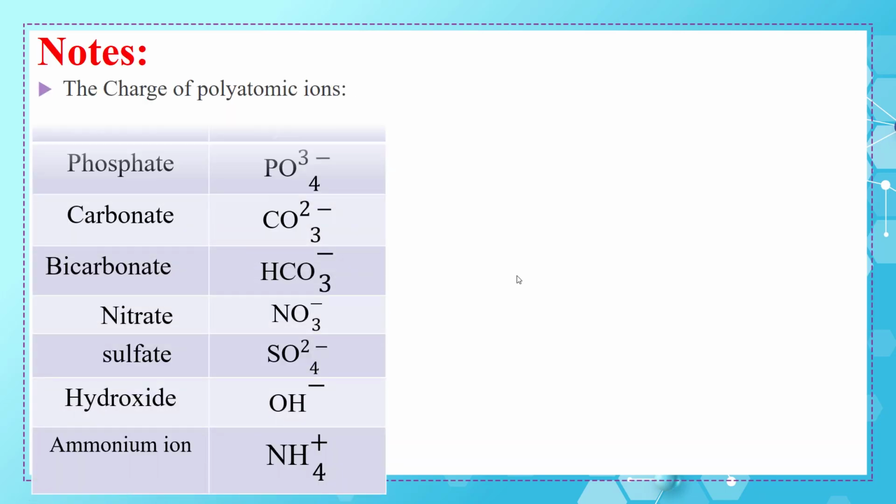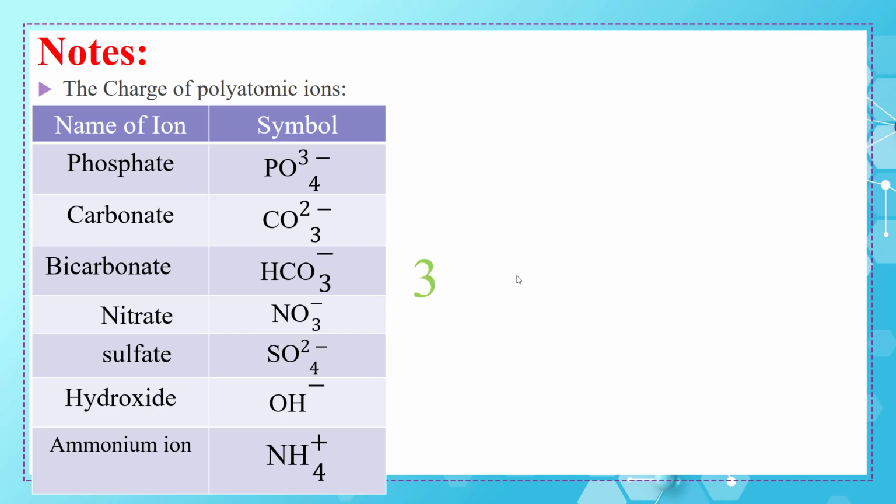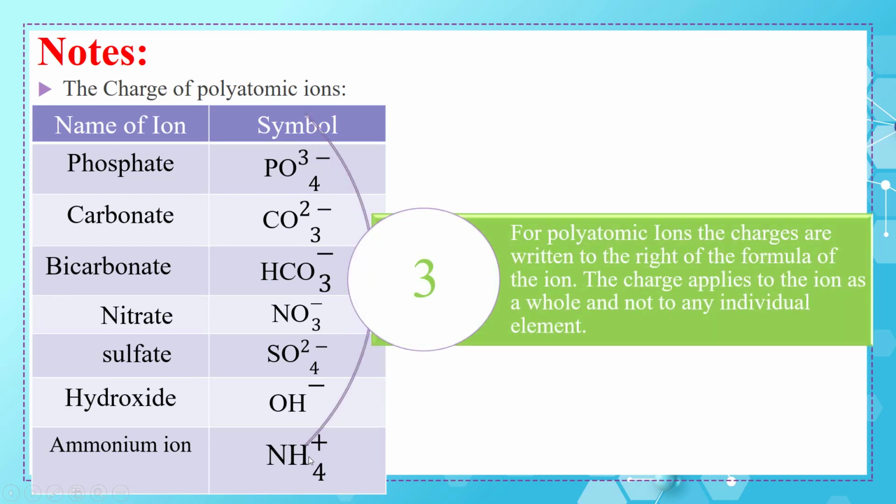What else? The charge of polyatomic ions. This rule is very important. Here I have a group of polyatomic ions which are either anion or cation. For polyatomic ions, the charges are written to the right of the formula of the ion.